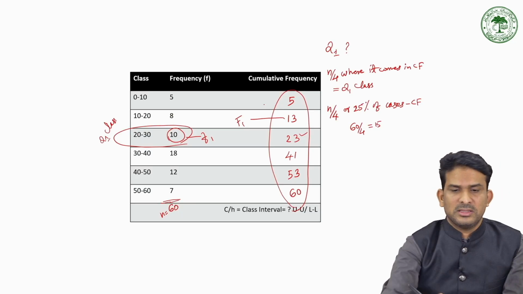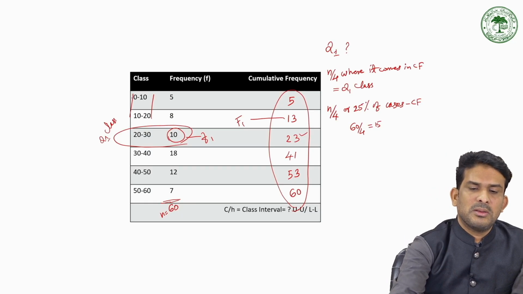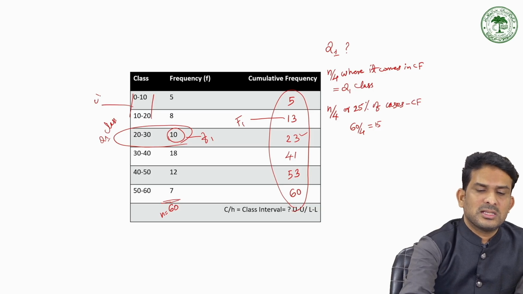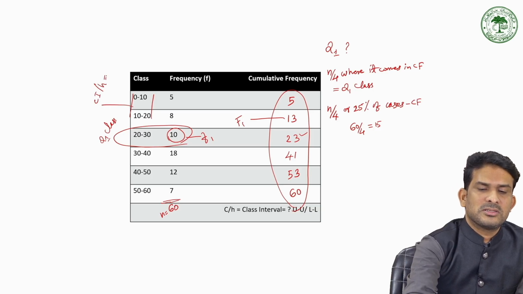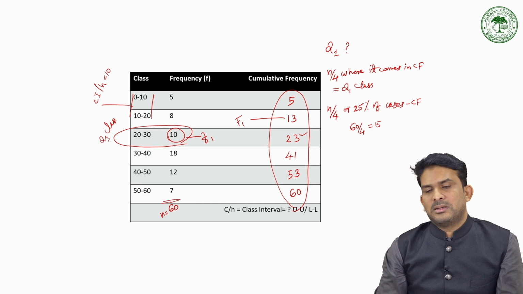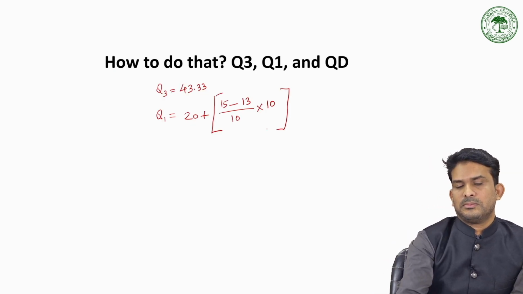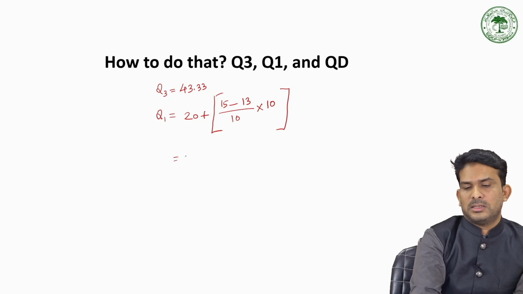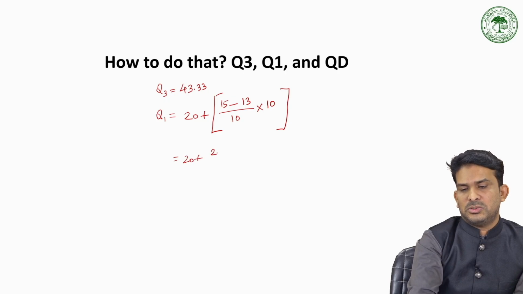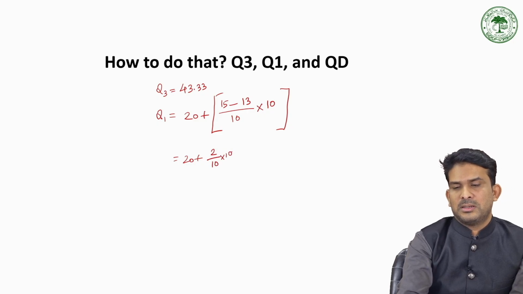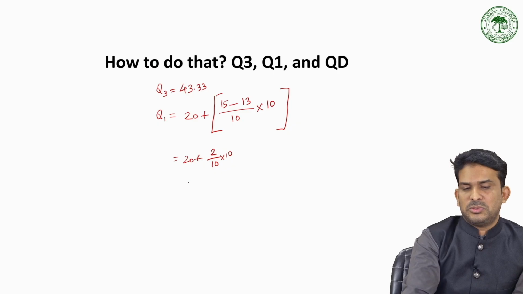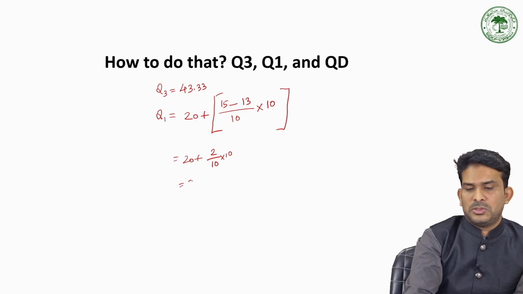What is class width? Any two upper limits or lower limits, you take the difference. Class interval, that is h, is 10, right? Again, 20 plus 15 minus 13, 2 by 10 into 10. What is the value? We have got 22, right? 22 is the value of Q1.